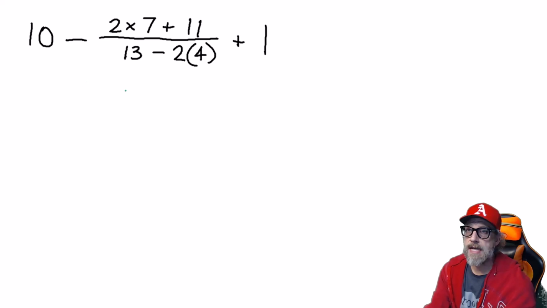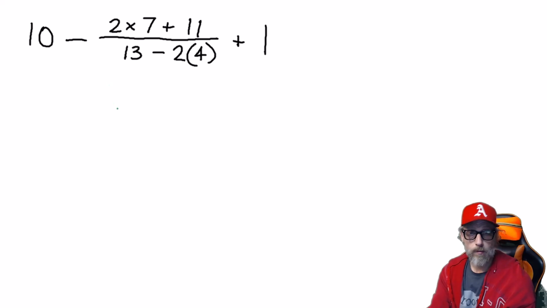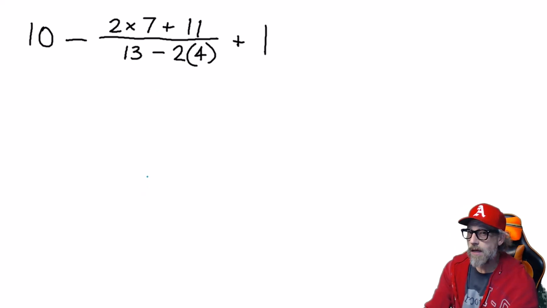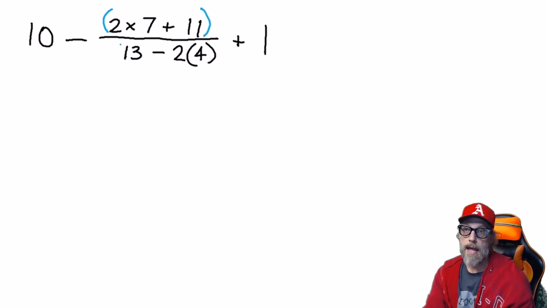As promised, here's an example where we have a fraction that will indicate a division, an operation of division. We're doing this example to illustrate the point that a fraction is really in the grouping category. We generally do not see them written, but in any fraction, there's really a set of parentheses grouping the numerator and a set of parentheses grouping the denominator.